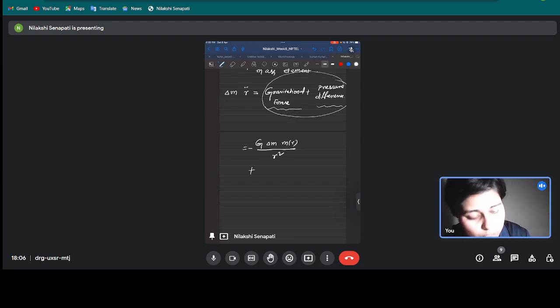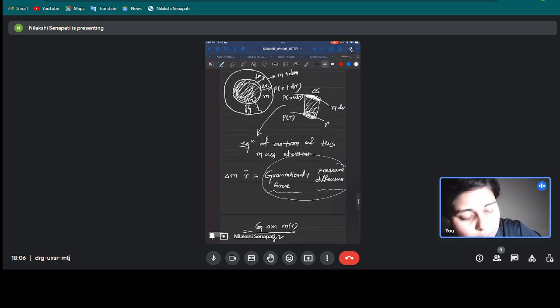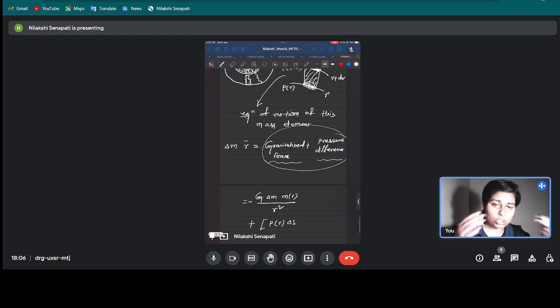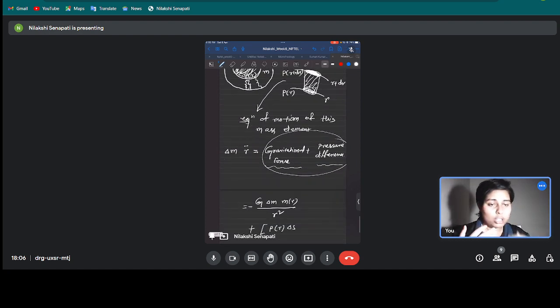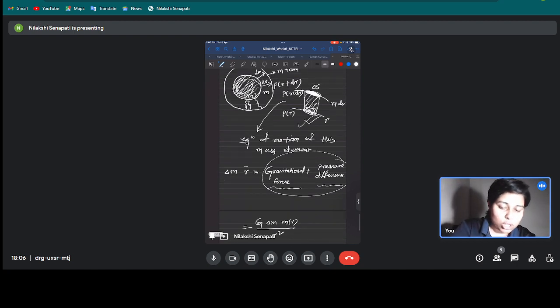And now the pressure difference is P(r) delta s for this particular part we are considering. If you consider the whole thing, then you can multiply it by 4 pi r square and so on, but here we are considering everything in terms of a particular mass element. That's why I have plotted this small piece section of the star.